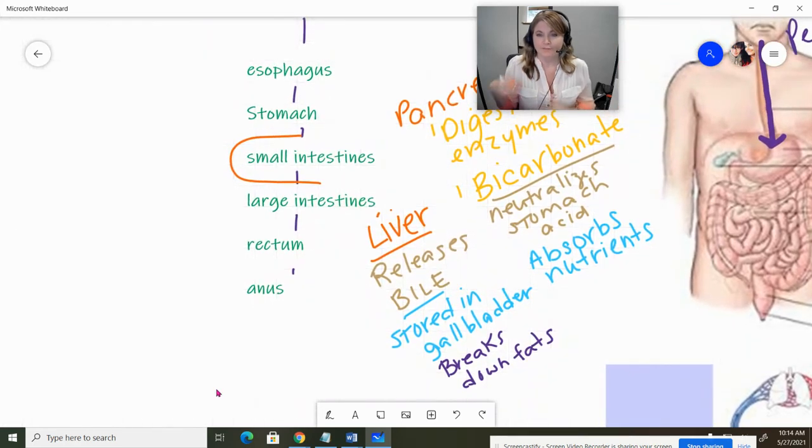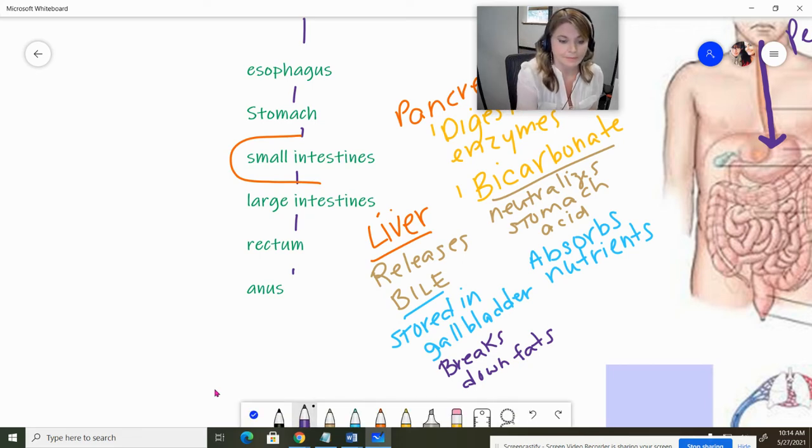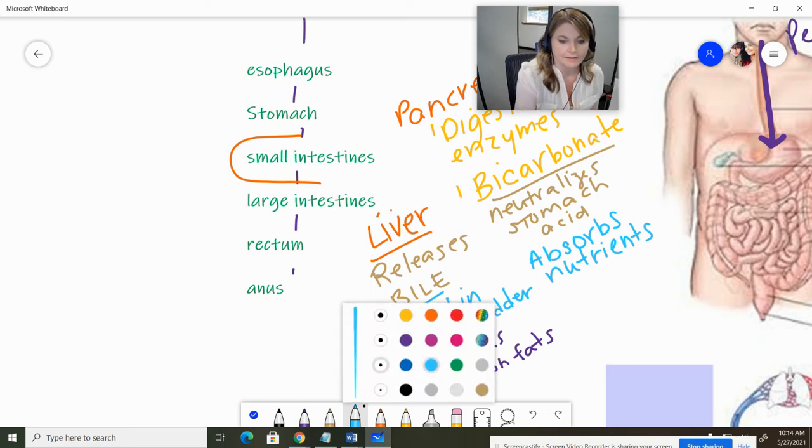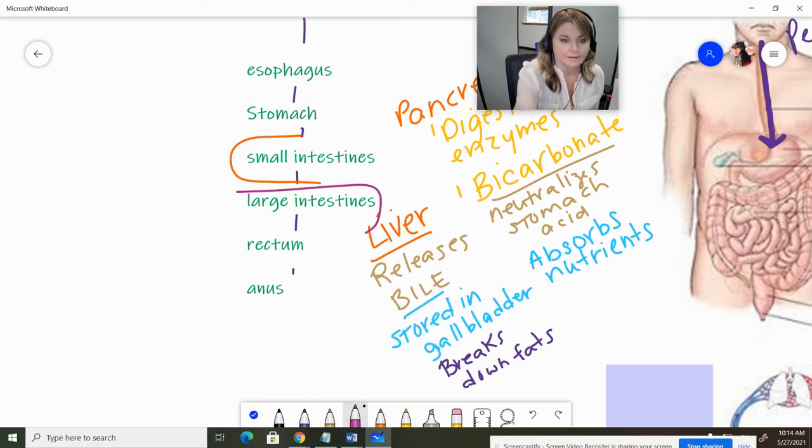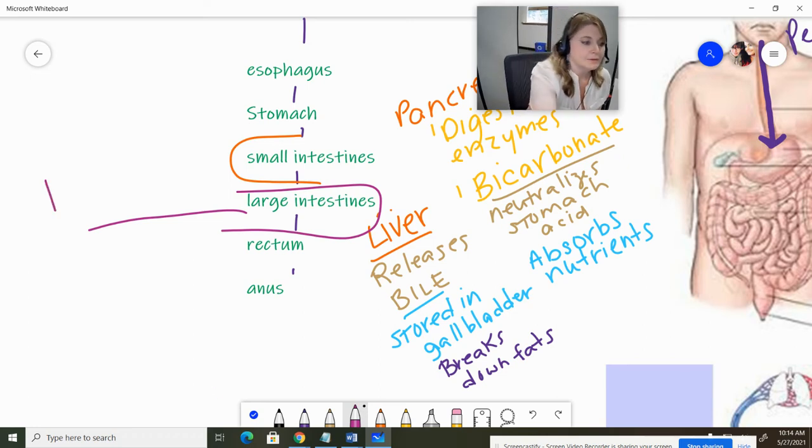So once all the food is chemically digested and starts to get absorbed into your bloodstream, so you have all this energy, then what's left over makes its way into the large intestine. And here in the large intestine, we see the reabsorption of water.